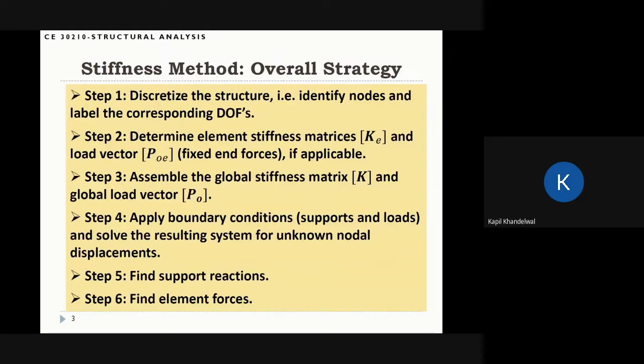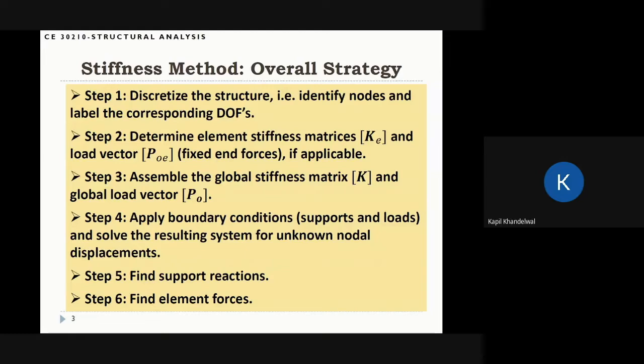So this is the overall strategy of the stiffness method, and I'm pretty sure by now everyone is familiar with the strategy. The first step is whenever you have a given structure, you try to discretize the structure and identify the nodes and label the corresponding degrees of freedom. So this is always the first step. And in this step, you have to make the decision how you want to discretize the structure.